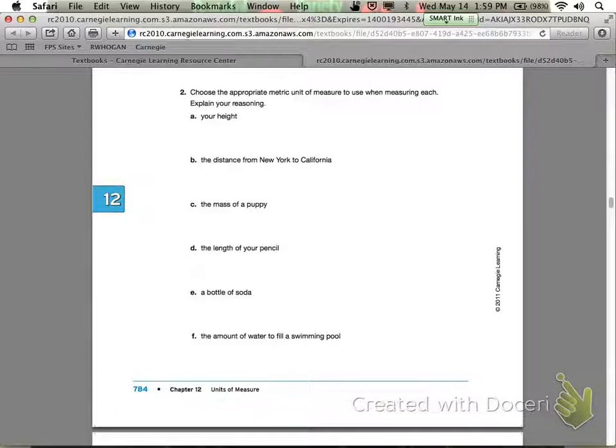Let's skip over to page 784 and take a look at number 2. Much like the customary system, now based off of your background knowledge of metric units, they want you to choose the appropriate metric unit of measure to use when measuring each, and hopefully you have a good understanding of that after the visualizing activity that we did.